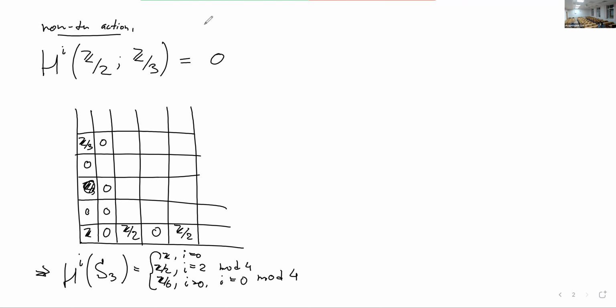Okay. Now, so yes, it looks like we have the answer even multiplicatively. Namely, we have two generators and very simple relations. Namely, the square of one generator is 0, and 3 times the other generator is 0.